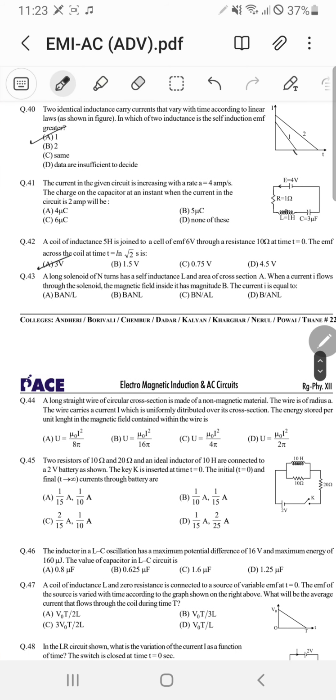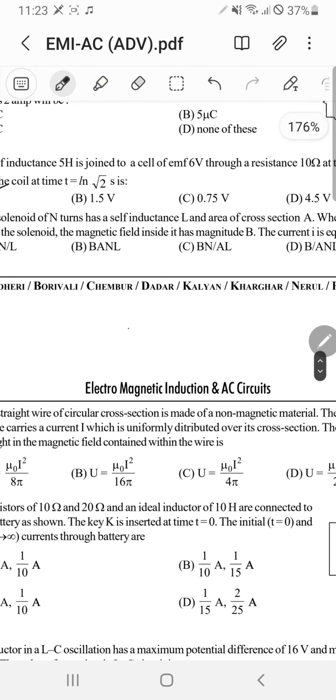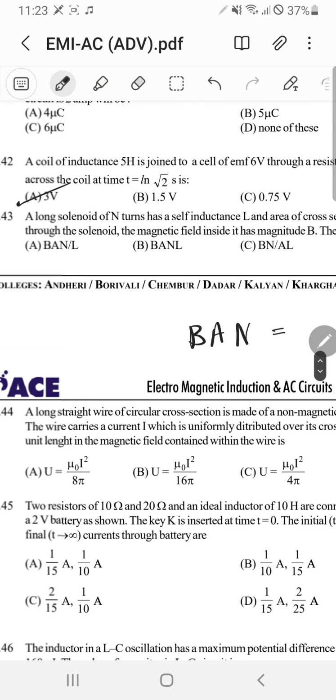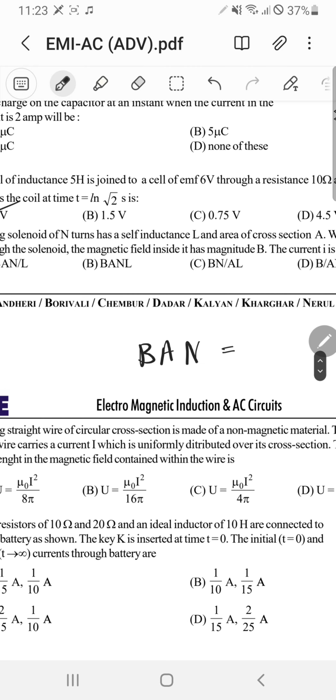A long solenoid of n turns has self-inductance L and area of cross-section A. When a current I flows through the solenoid, the magnetic field inside it has magnitude B. Okay, that's not problematic, because B times A times N, that's our flux, isn't that right? Oh wait, I put something wrong over there.